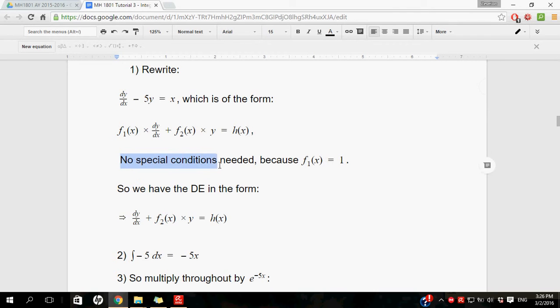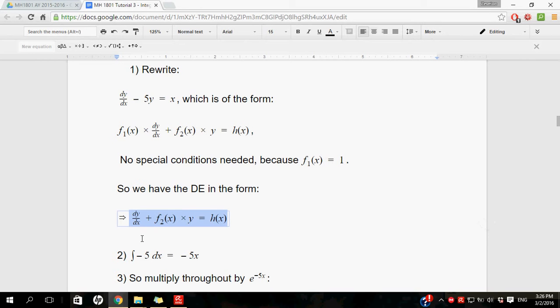We don't need any special conditions because f1 equals 1 and therefore is always non-zero. So we can divide throughout by f1. We don't even need to do that, since our differential equation is already of this form.